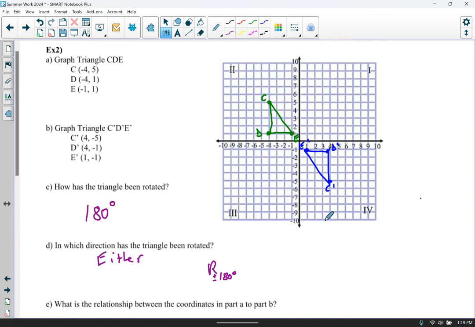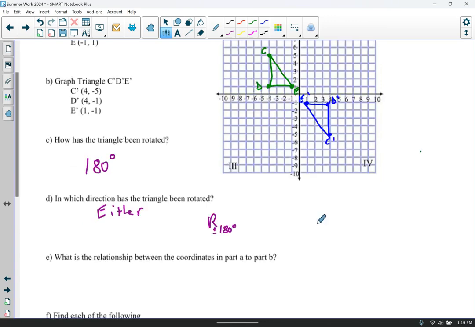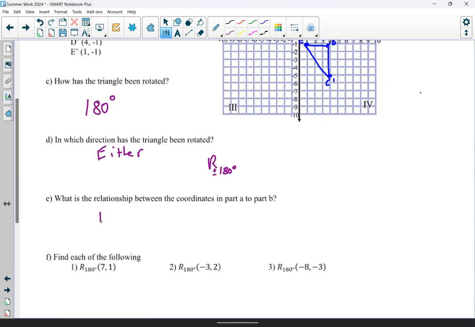So now let's look at our coordinates. So what happens in our coordinates? And I think this one's a little easier to see, because we don't have a switch of X and Y. All we have is a change in signs. So as we rotate 180 degrees, and again, that's either direction, (x, y) is going to go to (negative x, negative y).